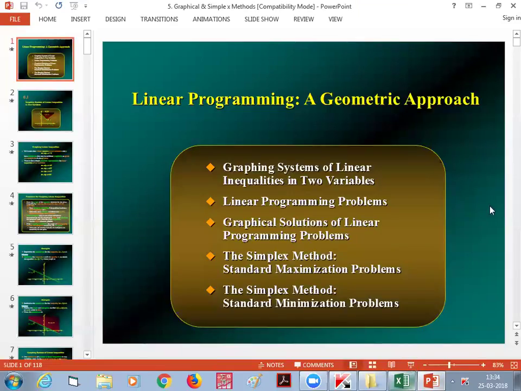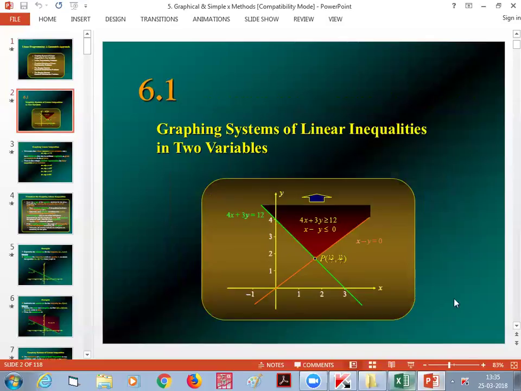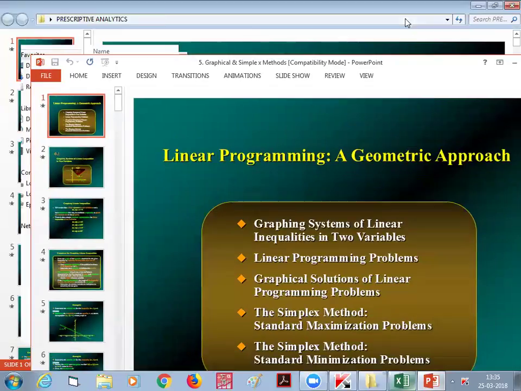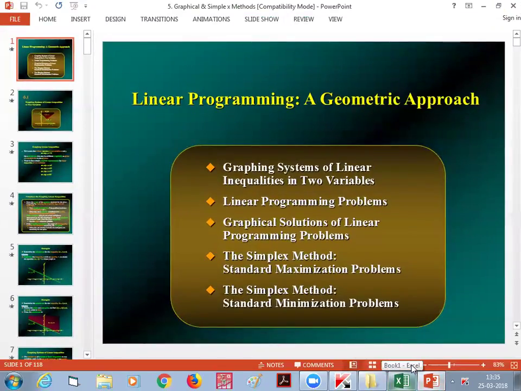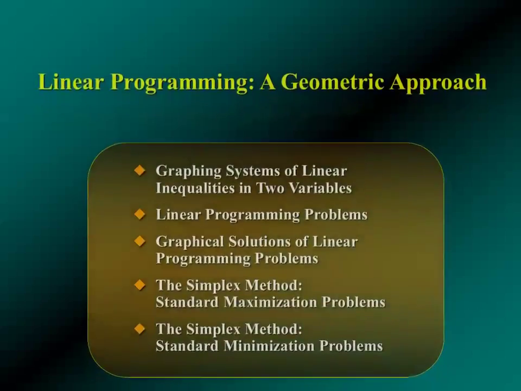Why isn't this allowing us to go full screen? What is happening? Okay, fine.